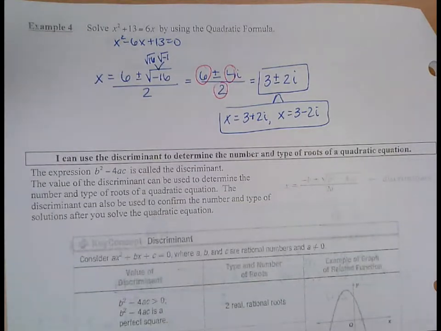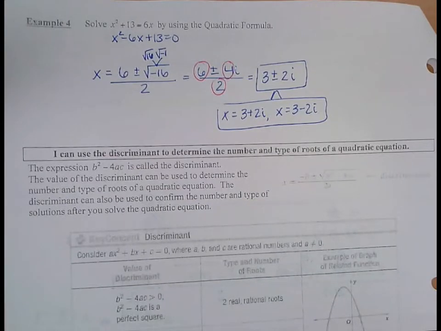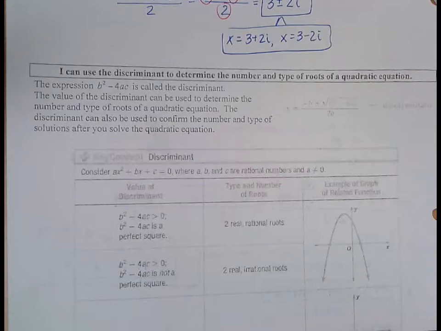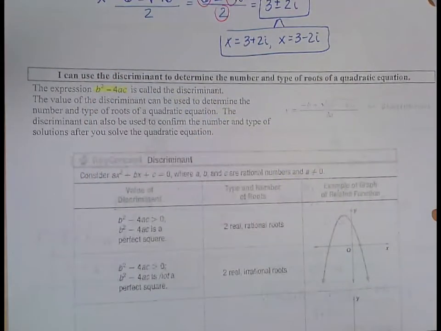Okay. Then, this next part, and I know some of you were looking ahead at this as well, which is great. This is using the discriminant to determine the number and type of roots a quadratic equation has. So the discriminant is part of the quadratic formula. The discriminant is the expression b squared minus 4ac.